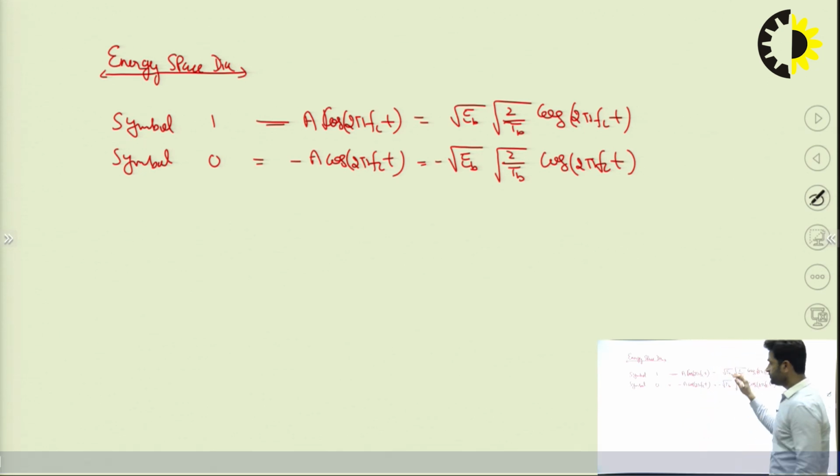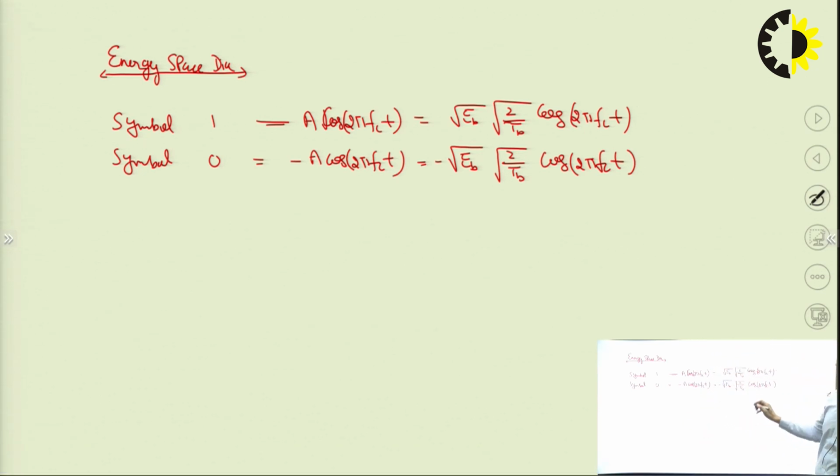Now these are the two equations in terms of energy, for the 1 bit and the 0 bit.